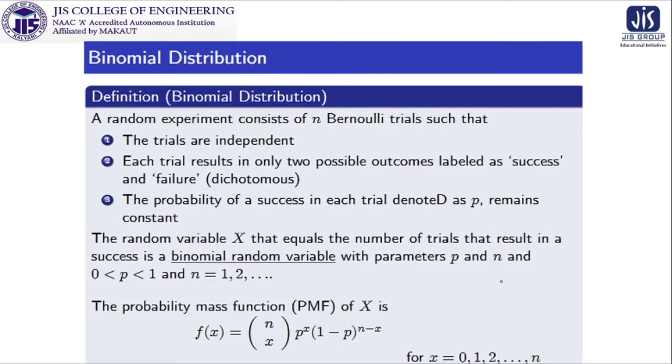So what we get from the last 5 or 7 minutes of discussion is that a random experiment consists of n Bernoulli trials such that the trials are independent. Each trial results in only two possible outcomes, labeled success or failure, and the probability of success in each trial, denoted as p, remains constant.